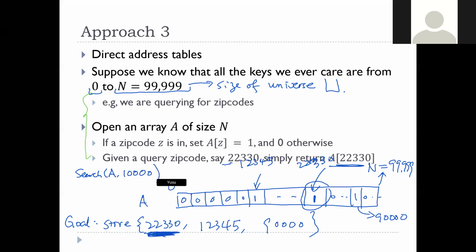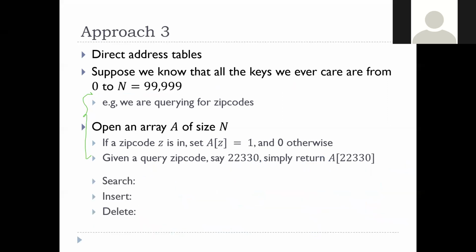I simply go to the entry, let's say this one is the index 10000, and I see the entry is 0, so I simply return. If it's 0, that means it's not in. If it's 1, it's in. That's it.